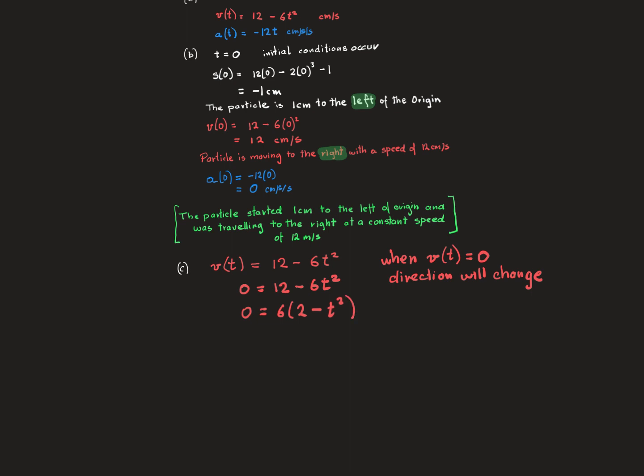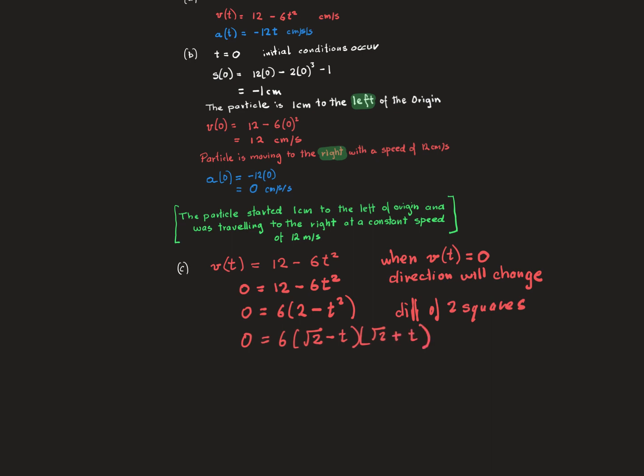Now using the difference of two squares, we can factorize this. So it becomes root 2 minus t and root 2 plus t.